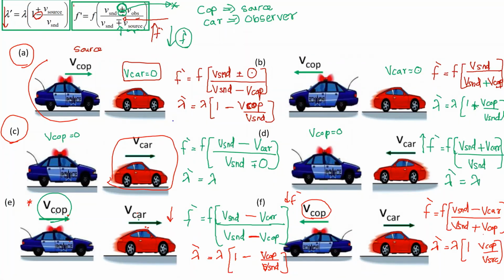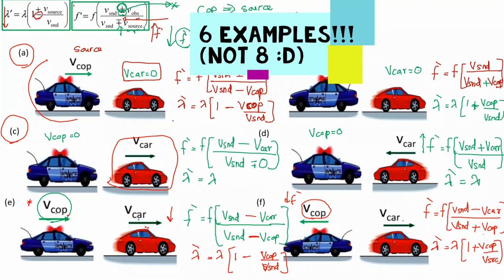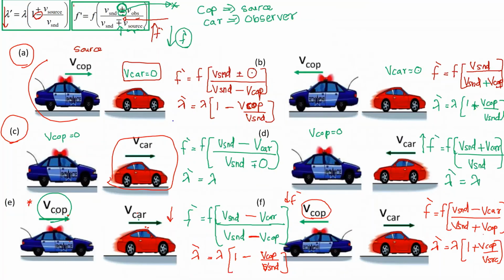He is going to go away from the observer. That means he's trying to increase the distance. Increase the distance means lambda is also increasing. Okay. So these are the 8 examples that you can ever get. Are you okay with these 8?